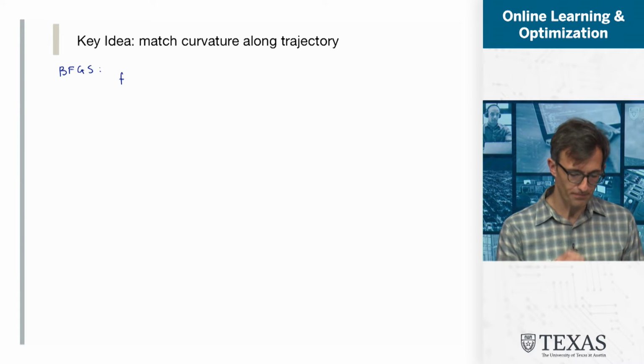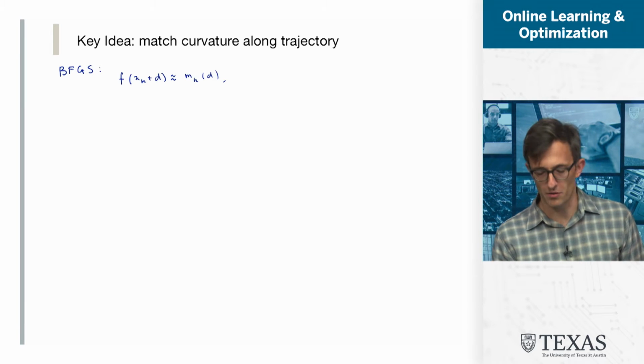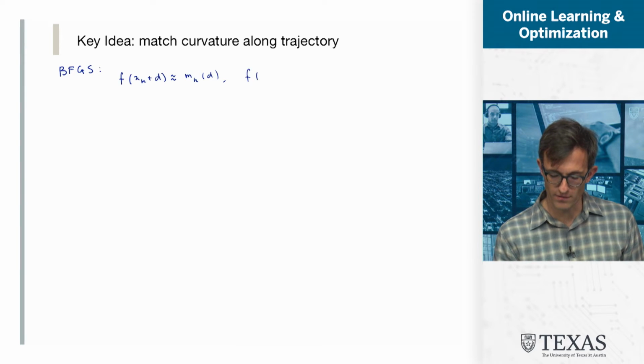We know that f(xk + d) is approximately equal to mk(d). And at the next iteration, we also hope that f(xk+1 + d) is approximately equal to mk+1(d).